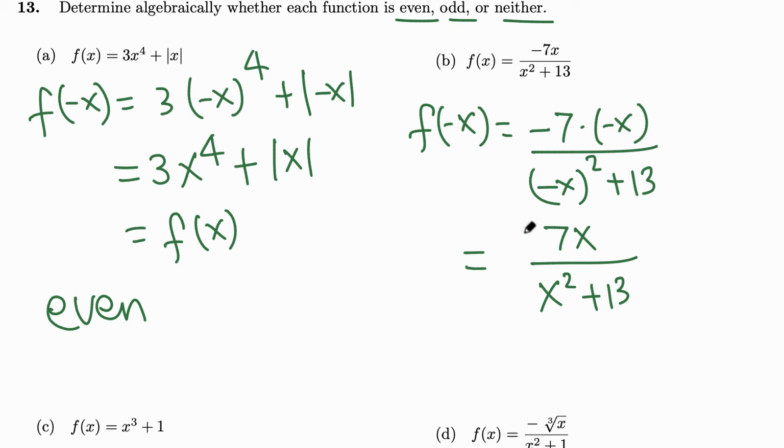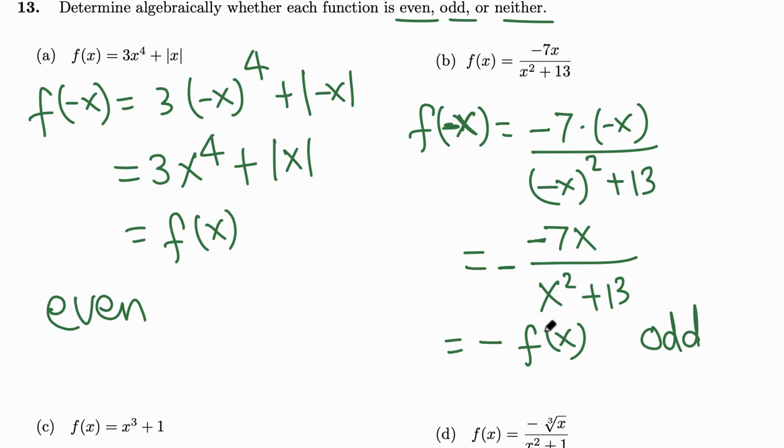So positive 7x means we can think of a negative of negative 7x. So this is the original function. So we got negative of the original function. Negative 7x over x squared plus 13 is the original function. Replacing x by negative x produced negative of the original function. So if this happens, this is an odd function.